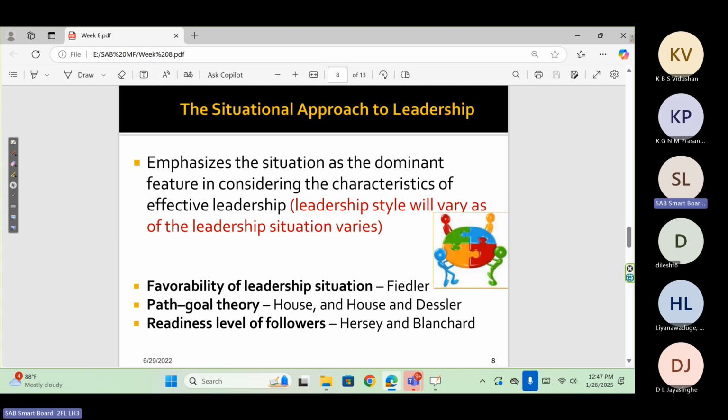Therefore, it says that based on the situation faced by the leader, the style of leadership should be changed accordingly. But as I mentioned here, to conceptualize the situation, you have to consider the things mentioned in the XY theory by McGregor.